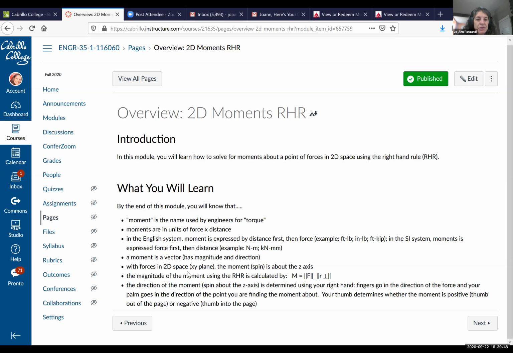The magnitude of the moment, and this is what we're going to be doing today, using the right-hand rule is calculated by the absolute value of the force times the absolute value of the vertical distance.